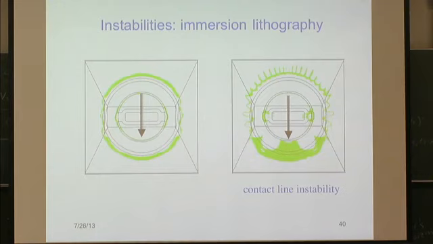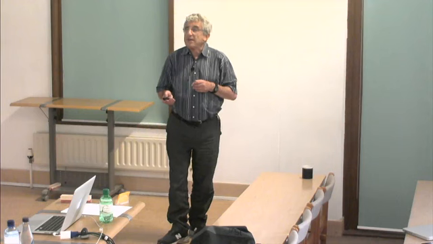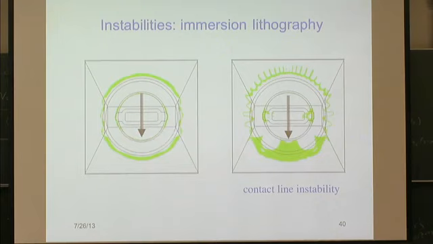And here it can be spoiled in several ways. Bubbles can form on the advancing edge and go inside, and then droplets can be left on the receding edge, and this is actually an awful problem.